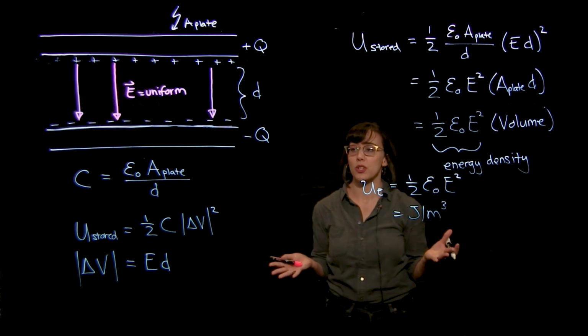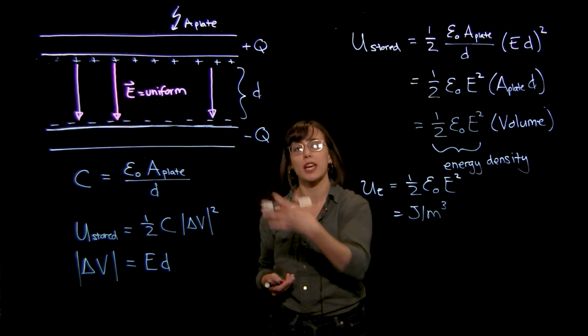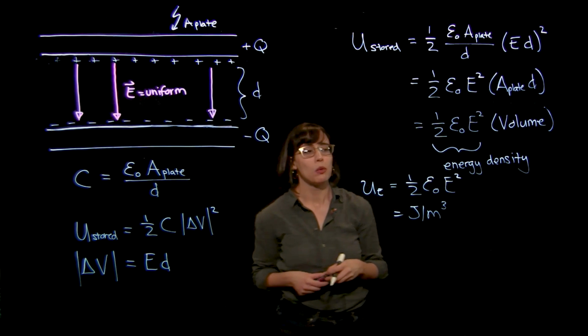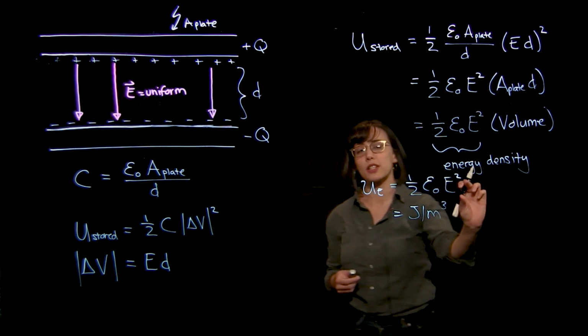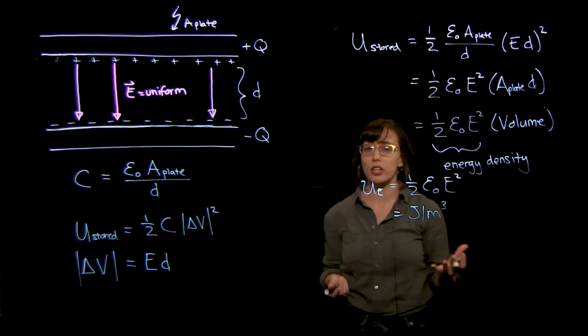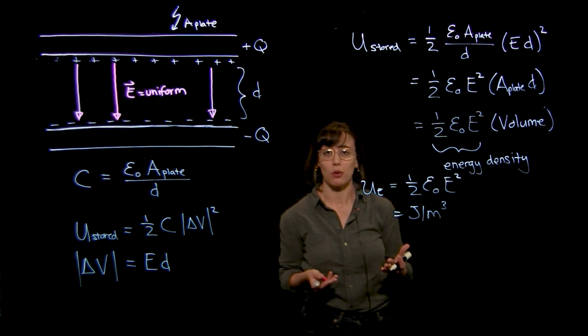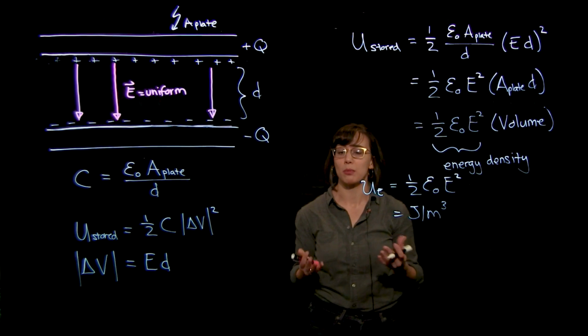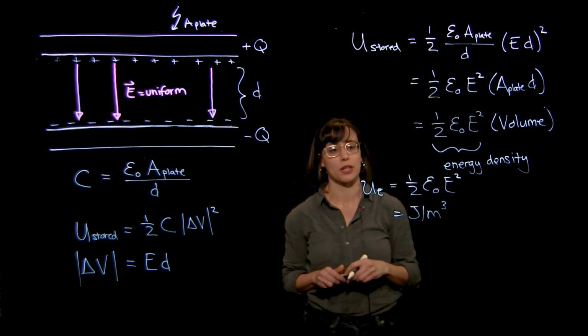So now everything I've done so far is for this very particular case of a parallel plate capacitor. But what you can actually derive is that this expression, this energy density, is generically true for any capacitor that we want to define. So you can think of the example we did where we did two spherical shells as a capacitor.